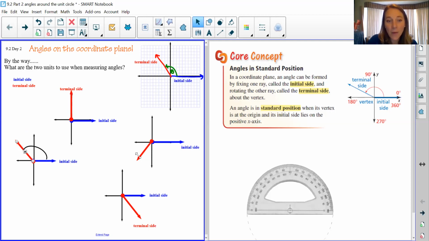But what's cool about the coordinate plane is that unlike a triangle, where the max degrees we could have is 180 inside of a triangle, we have this unlimited angle measure. I can go to 90, quadrant 2 takes us to 180, which we found out last time was the same thing as pi. And I can move this into quadrant 3, and I can keep going, right?